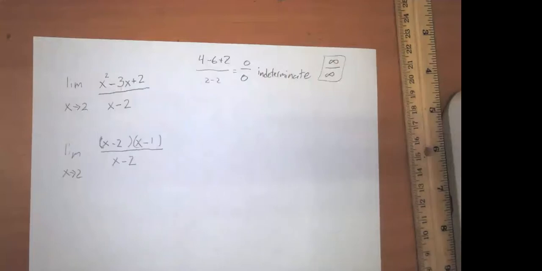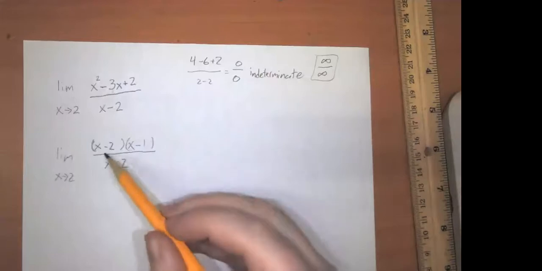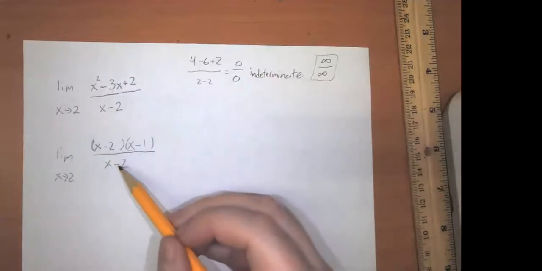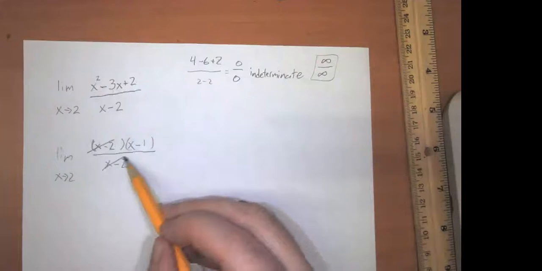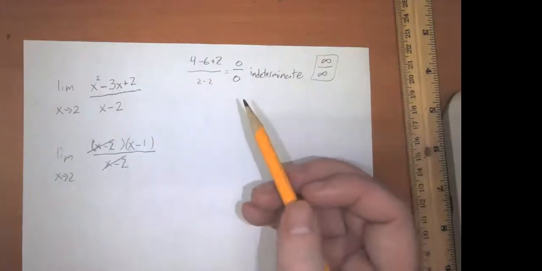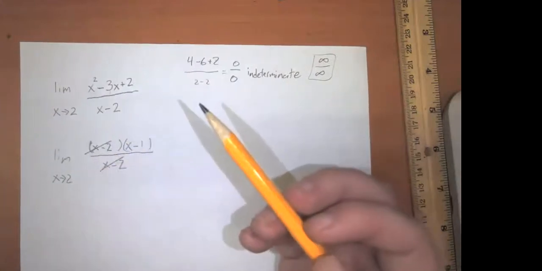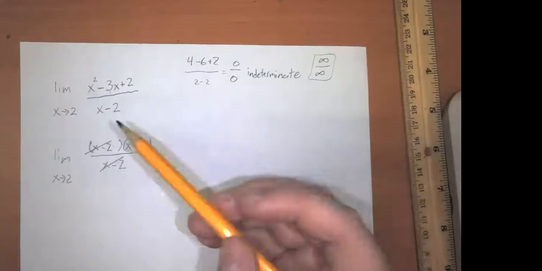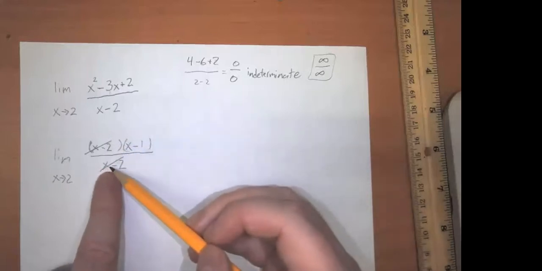Okay, so how does factoring that quadratic expression make this easier? Well, notice that I've got a term of x minus 2 in the numerator and a term of x minus 2 in the denominator, so I could just cancel those out. Remember, I can cancel expressions out of the numerator and denominator as long as they're not equal to 0. But x minus 2 is only equal to 0 if x is equal to 2.